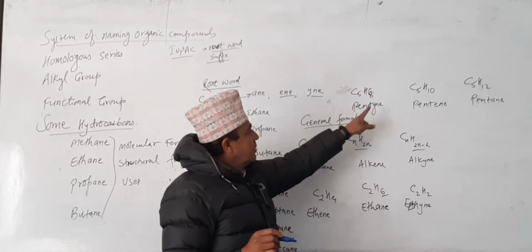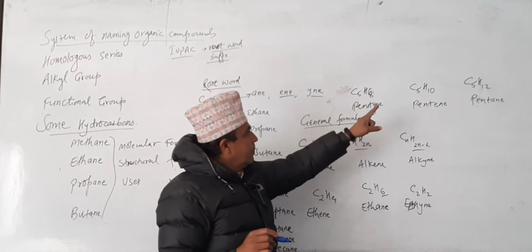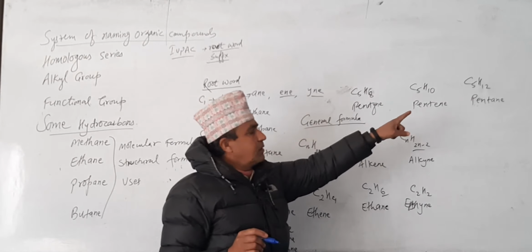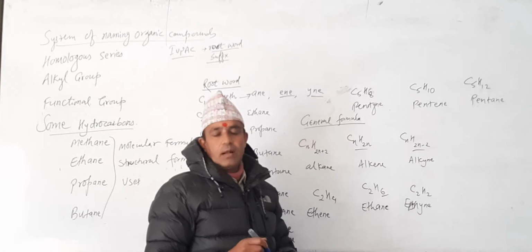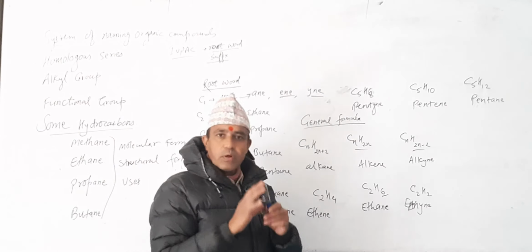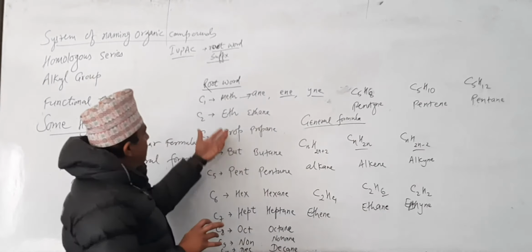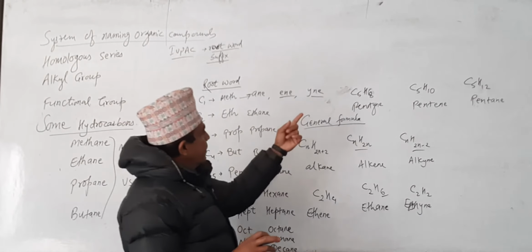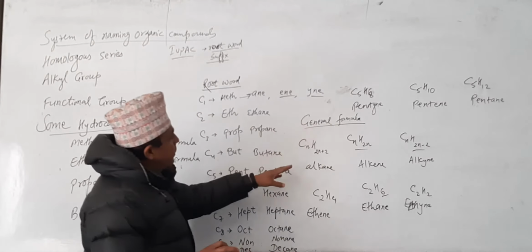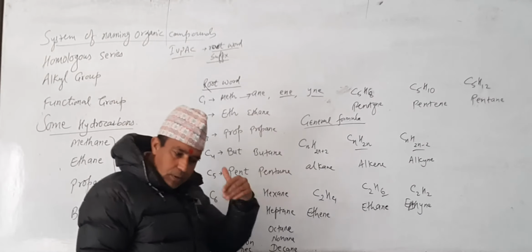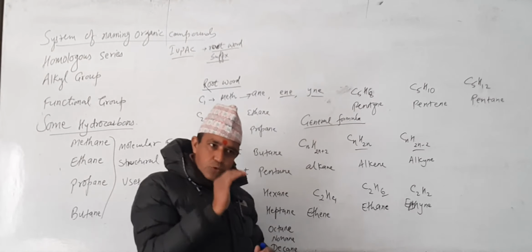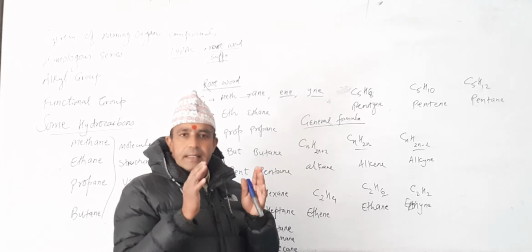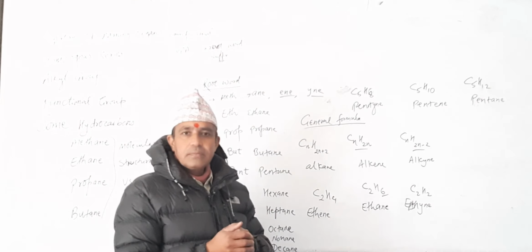Pentyne, C5H8, pentene, C5H10, and pentane, C5H12. So make your concept clear. Root word according to the number of carbon and suffix according to the general formula. How to remember? If the hydrogen number is exactly double that of carbon, alkene, ene is suffix.